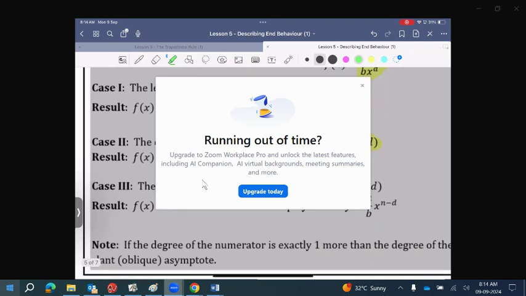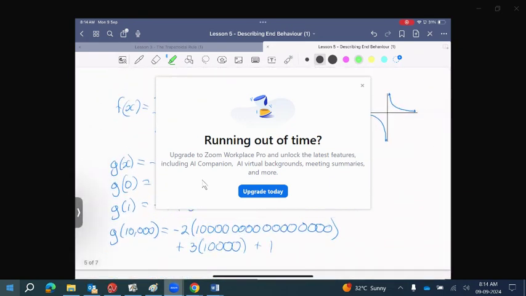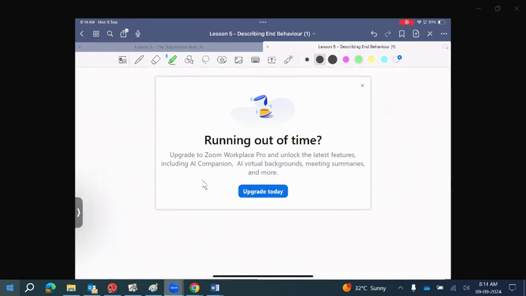Case 3 is a little bit harder. So what you've got in case 3 is, let's say we have g of x equal to a rational function like this one.